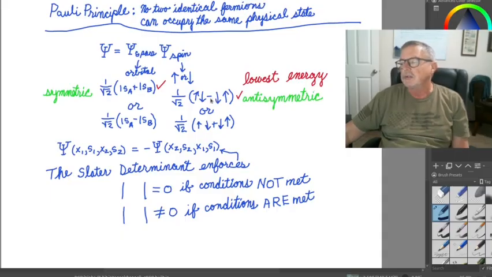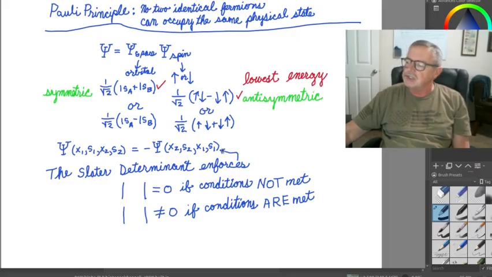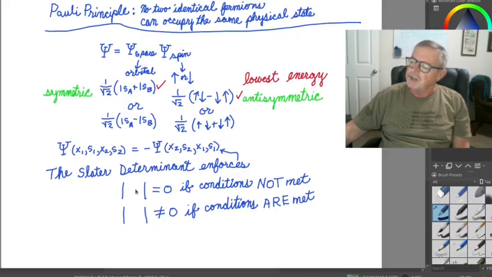Now, next video is going to talk about the Slater determinant, and this enforces this anti-symmetric policy. I didn't write anything in the determinant because that's for the next video 5, but if you calculate the determinant and it equals 0, then something's wrong.